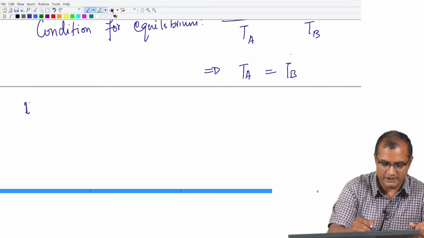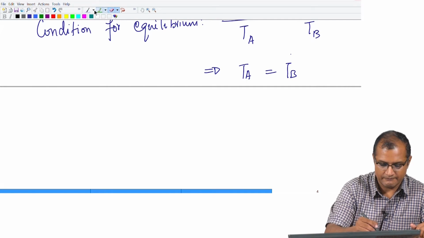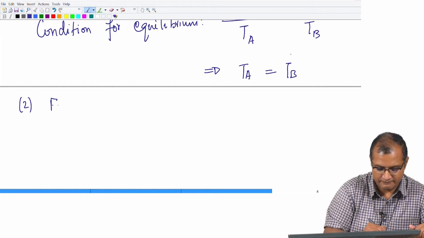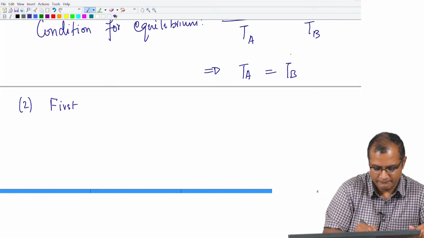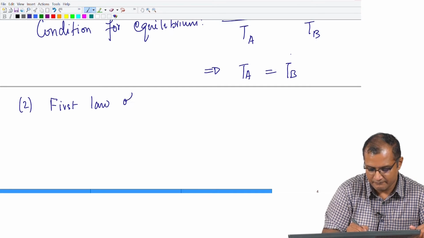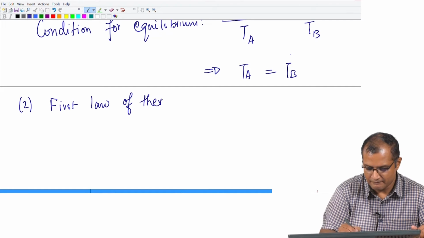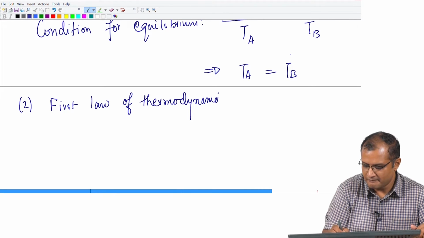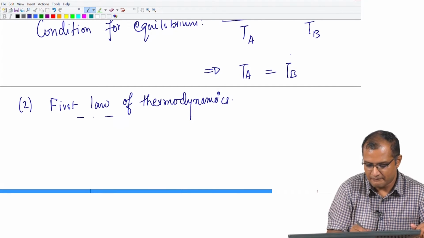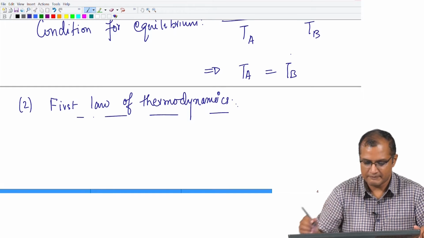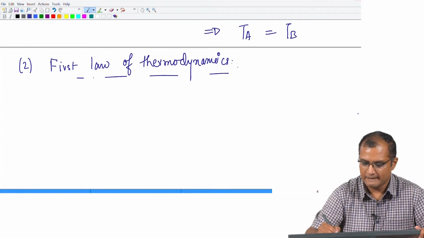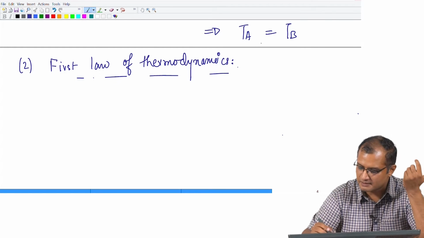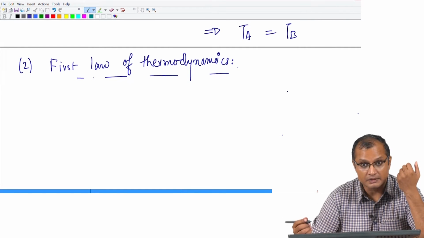So, you can derive the first law, which is essentially nothing but, I would say, a bookkeeping of energy.